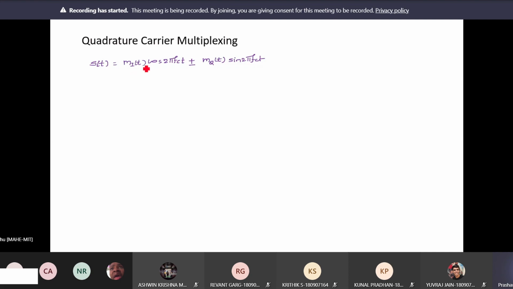So you have seen S of t equal to mi of t or m1 of t cos 2 pi fct plus or minus m2 of t or mq of t sin 2 pi fct. What it indicates, mi of t and mq of t.